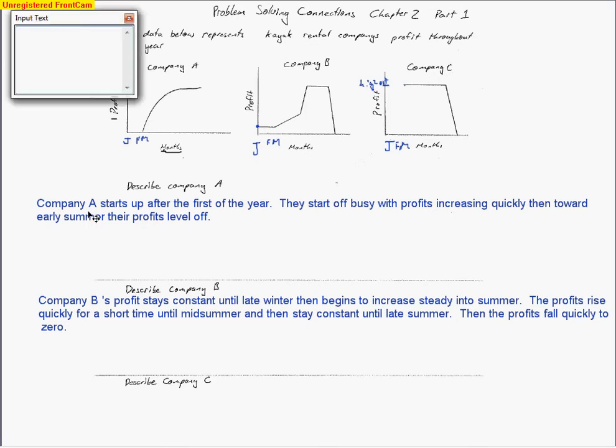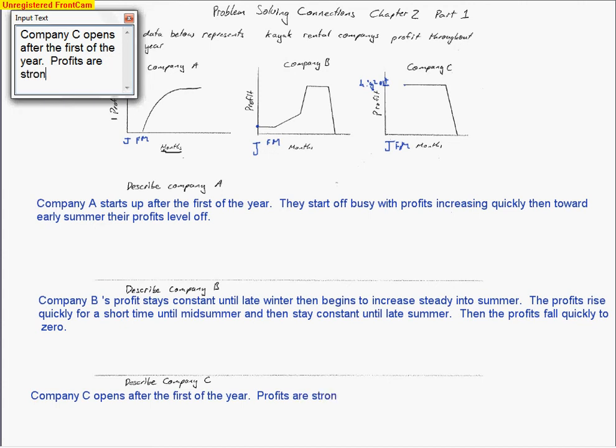So what we'll end up saying is Company C opens after the first of the year. Profits are strong but constant. So they're not changing.